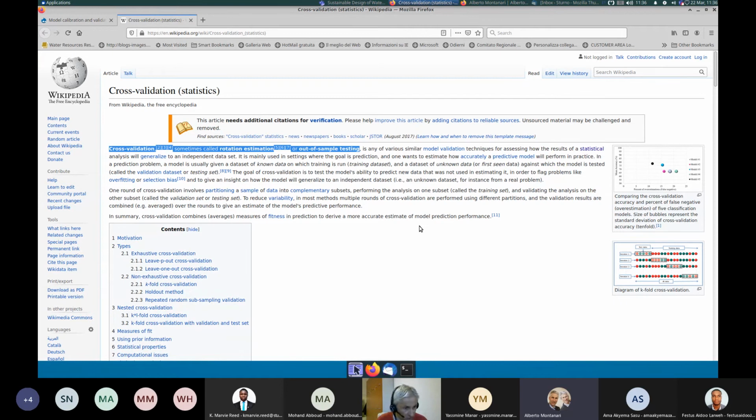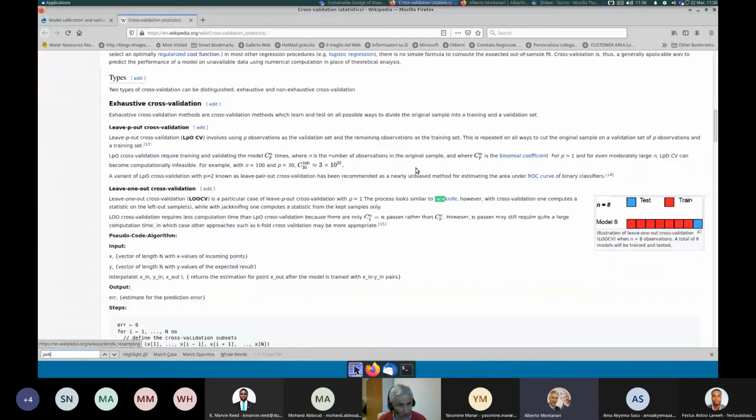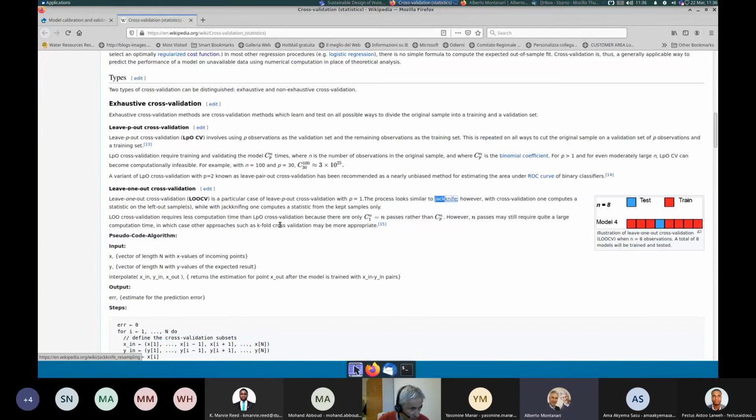And I don't think the term Jackknife is here. Let me see if there is. Yeah, and leave-one-out cross-validation. It's an example of cross-validation, and the process looks similar to Jackknife. And Jackknife is probably defined in Wikipedia in a different way.